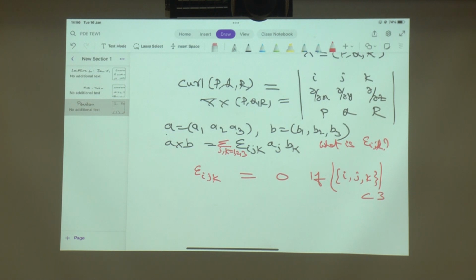This is easy to understand like this, right? Then it is 1 if ijk is in the cyclic pattern, like 1, 2, 3, 2, 3, 1, 3, 1, 2. Any other arrangement is minus 1. So please check this.